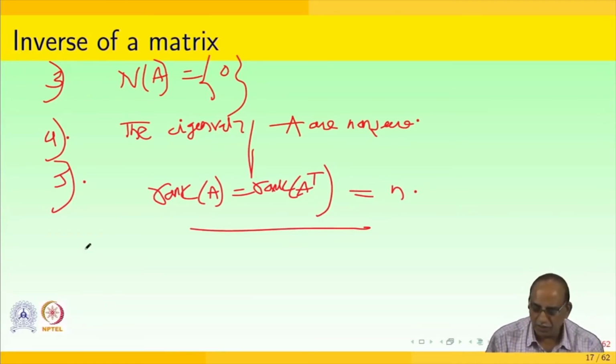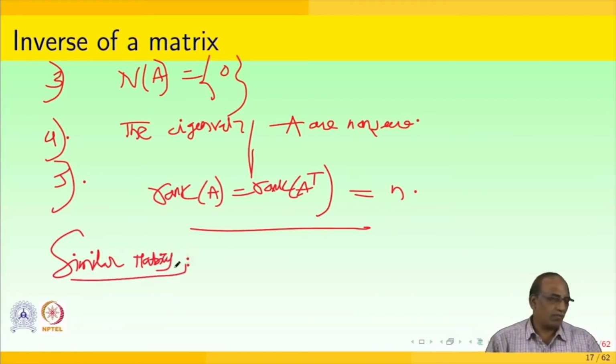When you talk about similar matrices, two similar matrices have the same eigenvalues.